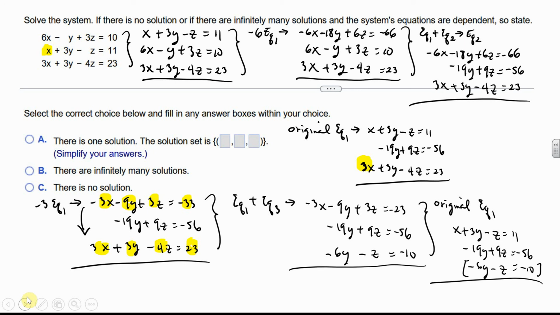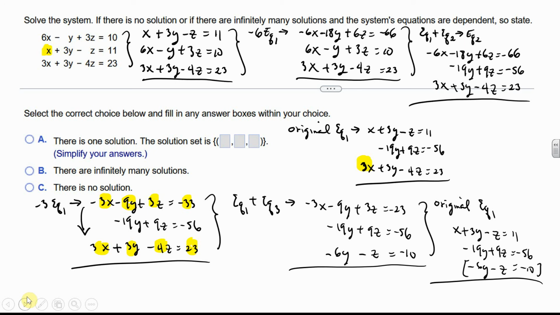That was good. Put the original, and then we multiply by negative 3 to that first equation. Then we added negative 6y minus z is equal to negative 10.